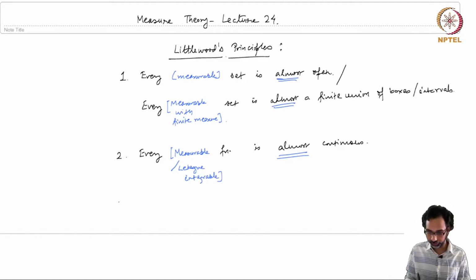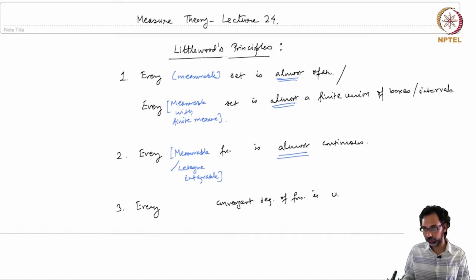On the other hand, the third principle says that every convergent sequence of functions is uniformly convergent.